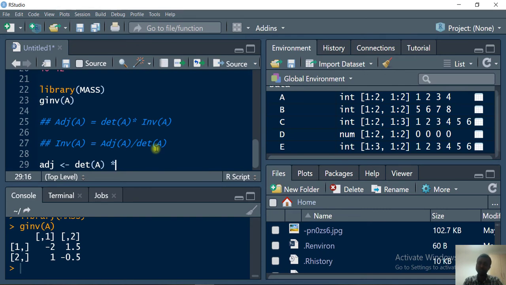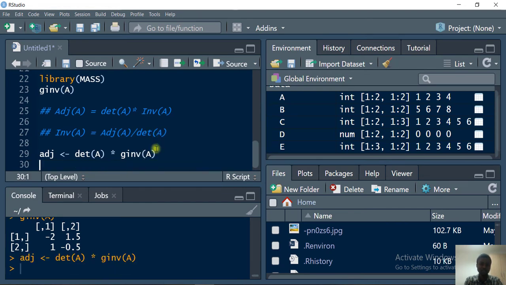Let's see what is going to happen. Let me try the multiplication: determinant of A multiplied by the inverse, ginv from the MASS package, and then I put A. Let me see what will happen, and then let me print adj and see the result.